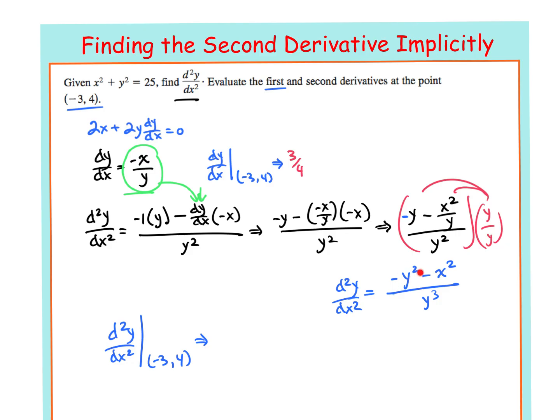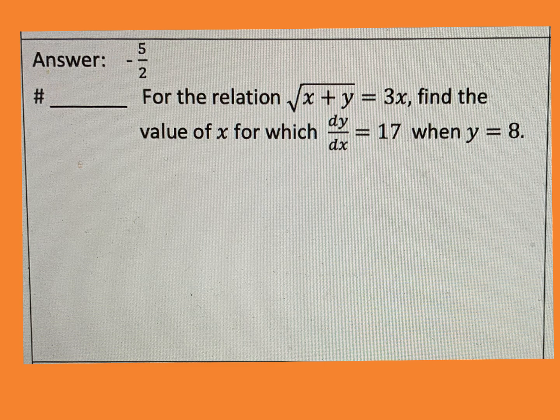What is my y squared? -16, and then minus, what's my x squared? 9, over y cubed, which is 64. And so then what do we get? -25 over 64.